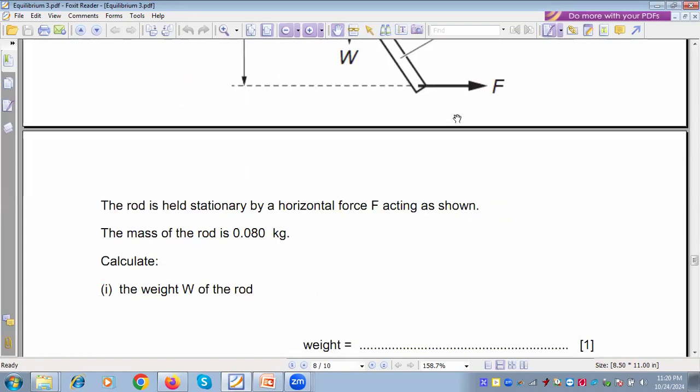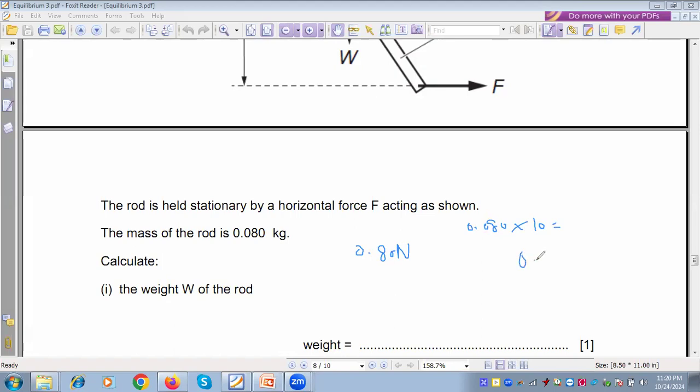If we consider g equals 10, W is equal to mg, so 0.08 into 10 will be 0.8 Newton.